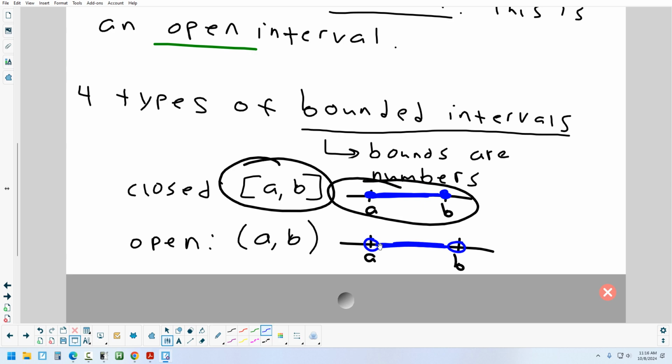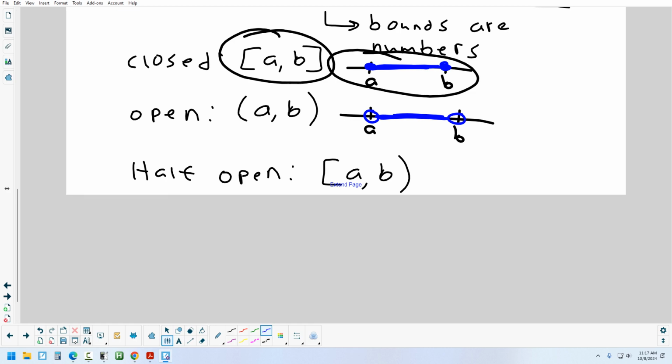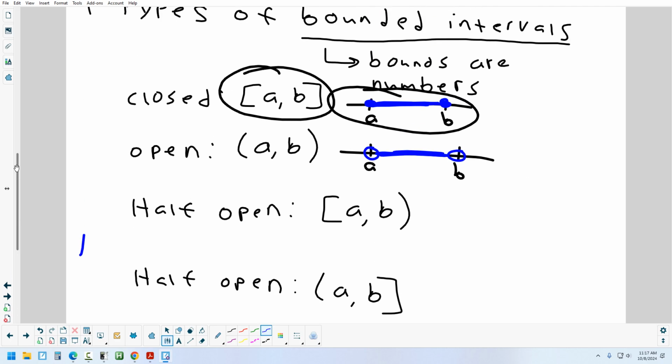So there's open, there's closed, there's two other types. What else do you think you could have besides these two? No infinity symbols though, because that would be unbounded. Yeah? You could have one where one is included and one is not included. Okay, that would be considered a half open interval.